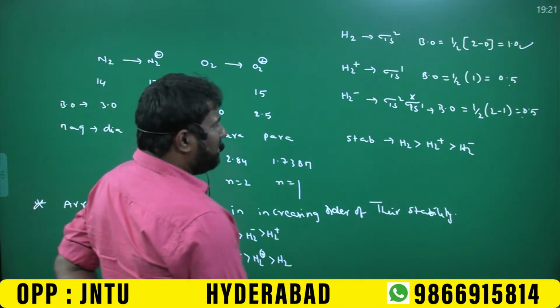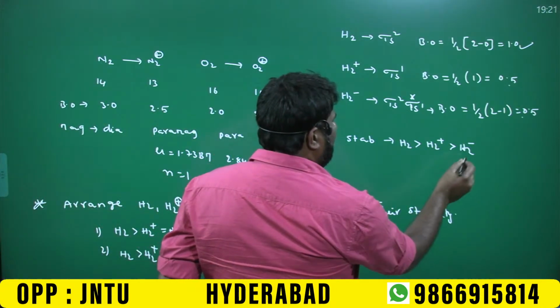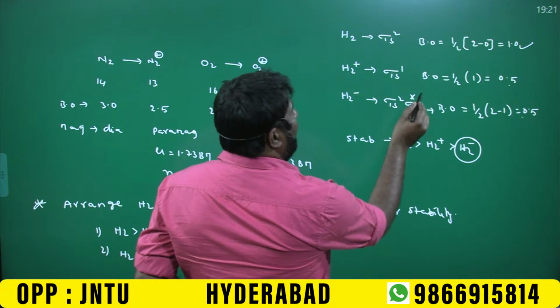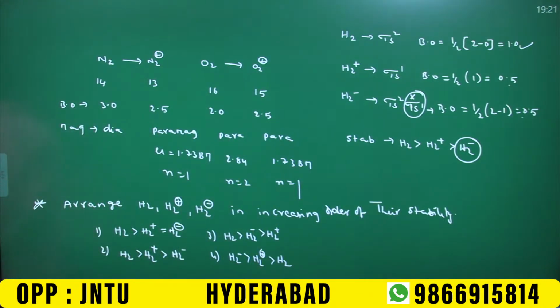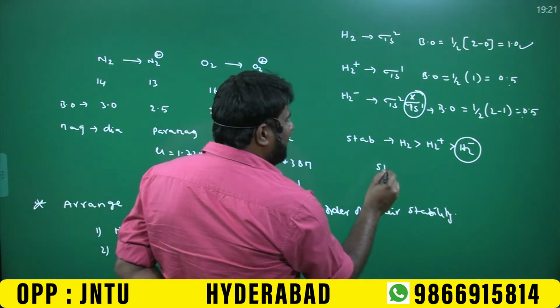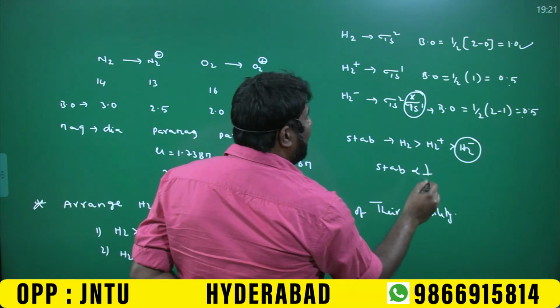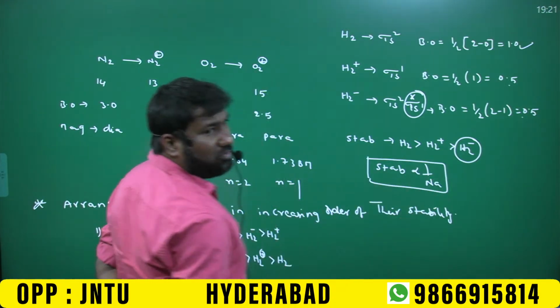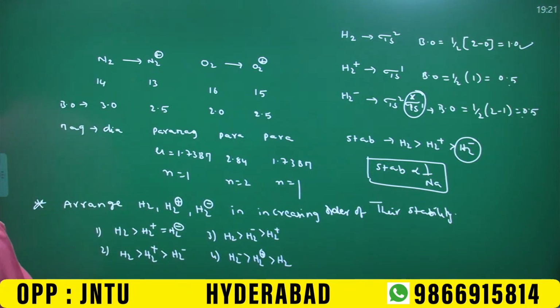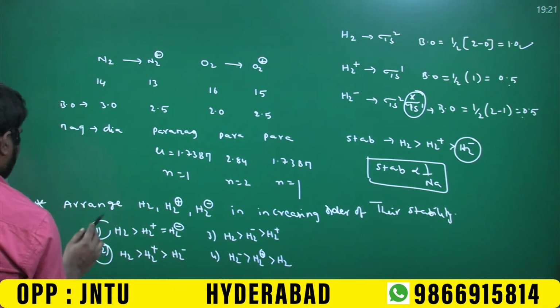The only reason: H2 minus contains an electron in an anti-bonding molecular orbital. As you know, stability is inversely proportional to anti-bonding electrons. If even one electron is there, that can bring less stability. So the correct option is, sorry, the second option is the correct answer.